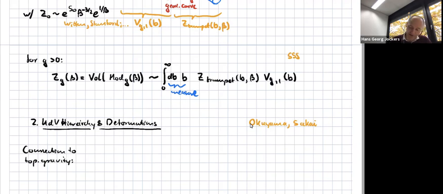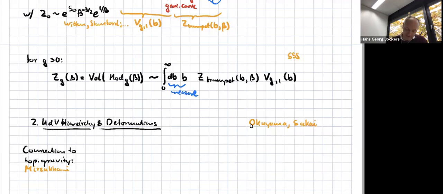And this is something that was shown by the very important work by Mirzakhani on this topic. So she realized that the volume of these moduli spaces can actually be calculated in the context of topological gravity, or in the context of the moduli space of stable curves.